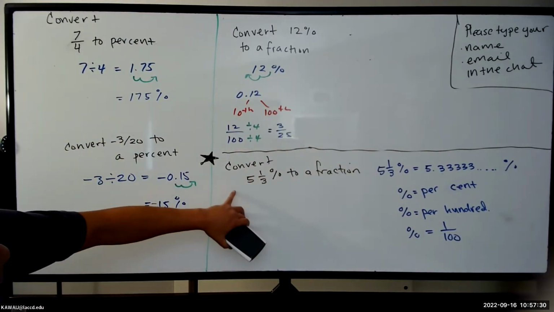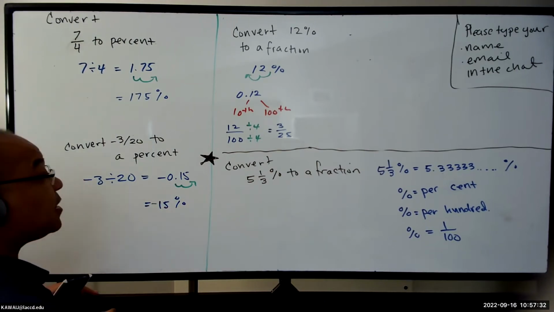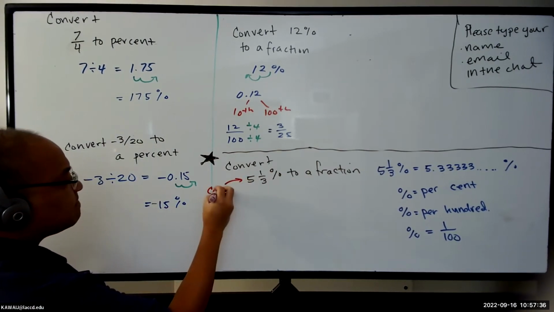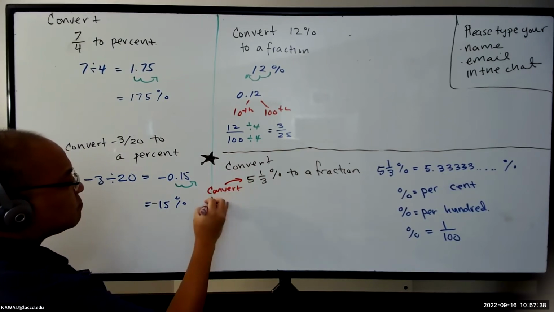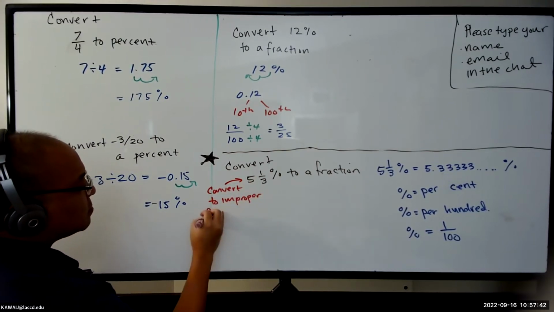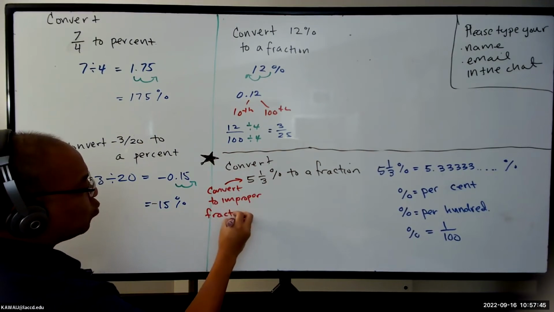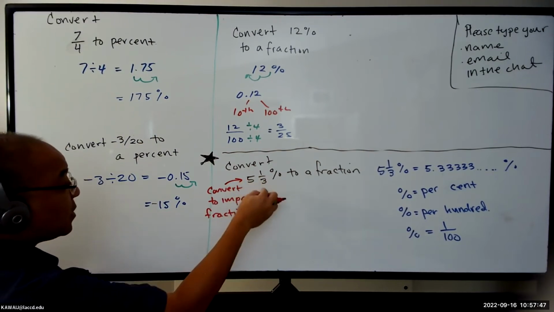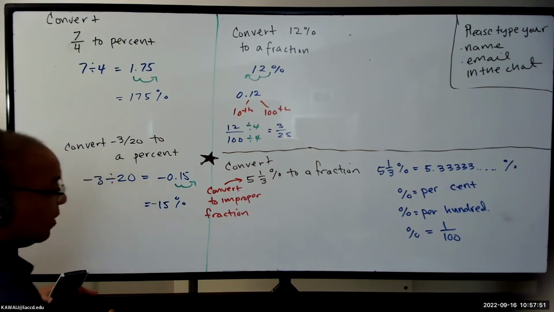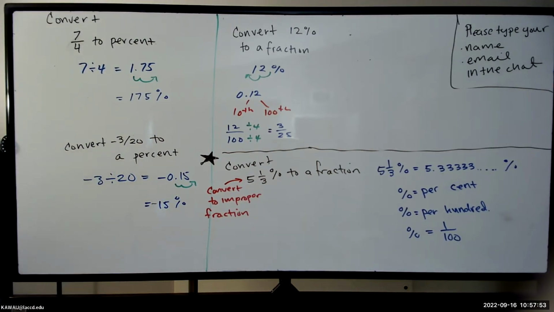So when you have a problem like this, you want to convert this to an improper fraction. So go ahead and do this, right? 3 times 5 over 1. Okay. So go ahead and convert that to an improper fraction.